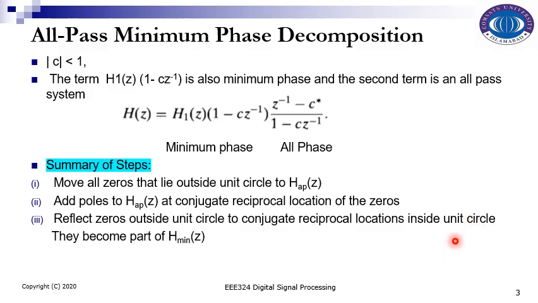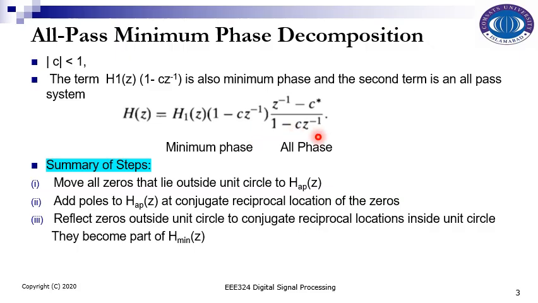That is, we reflect them about the unit circle at mirror positions. We talked about mirror positions in our earlier example also. So if we take a 0 outside of the unit circle, we will put a 0 back inside the unit circle at the conjugate reciprocal location, and that becomes part of H min of Z. So this is the 0 which comes in the conjugate reciprocal position.